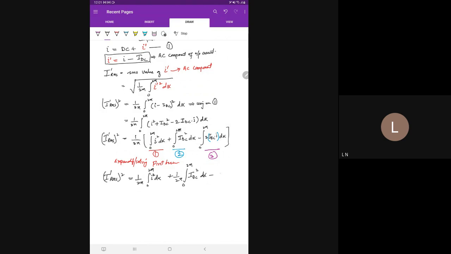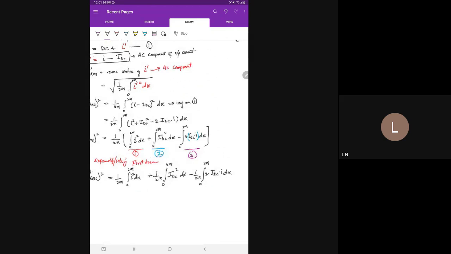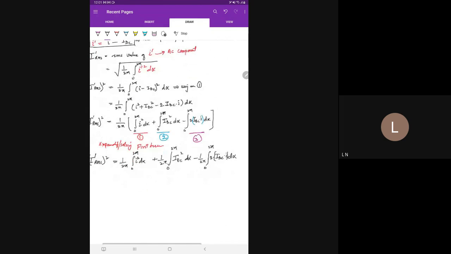Then the third term will be equal to minus 1 by 2 pi integral 0 to 2 pi twice I dc into I d of alpha, d of alpha.